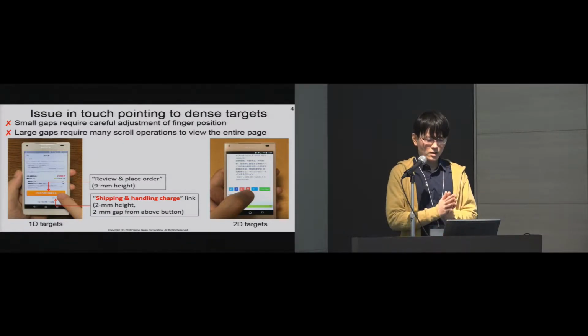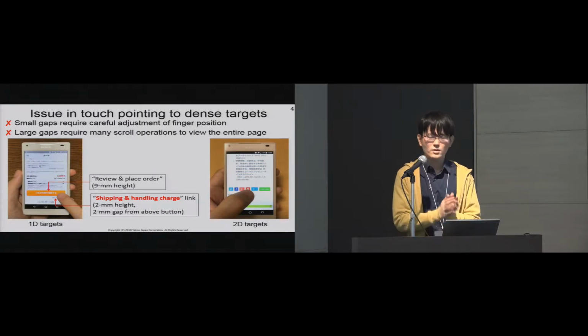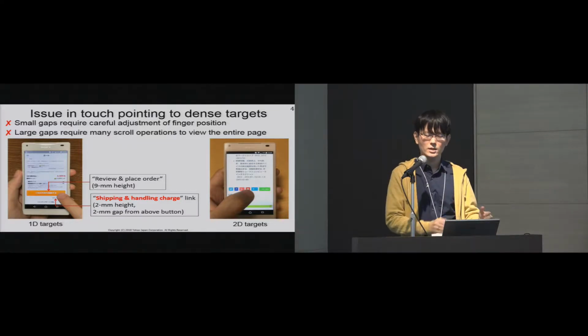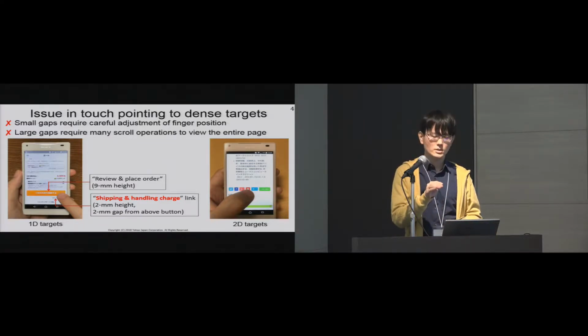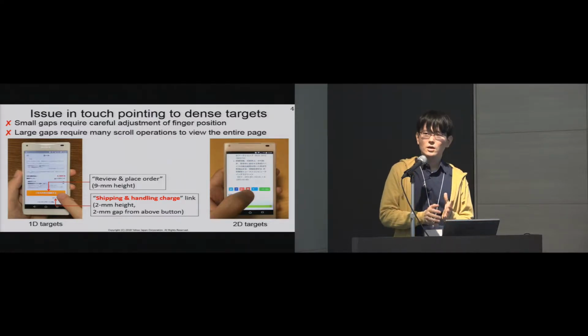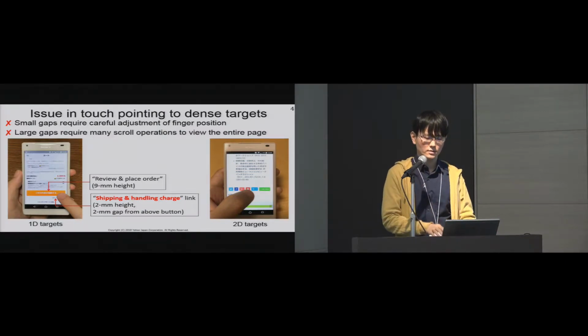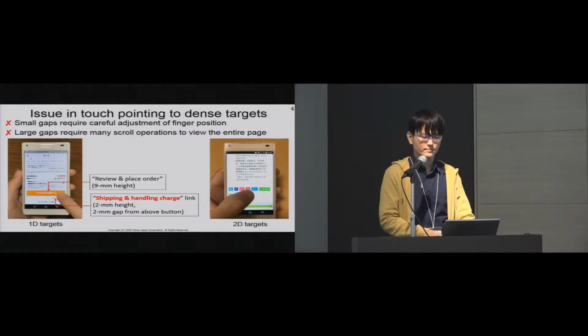So I have to carefully and slowly tap the intended button to avoid tapping the orange button. But if a gap between these two buttons is very large, the web page height increases, and thus users have to perform many scrolls to see the entire page. So the balance between the operation speed and screen space management is important for GUI designs.